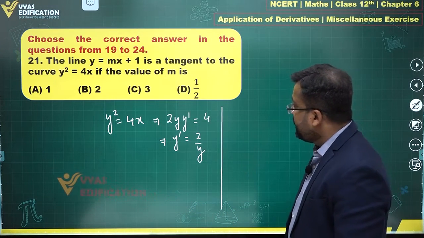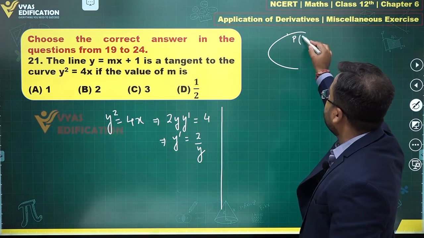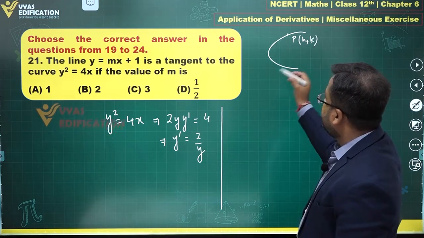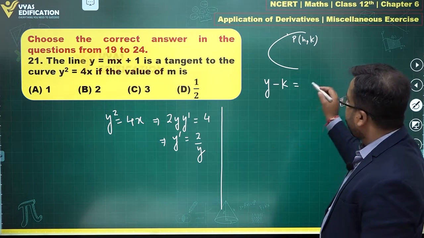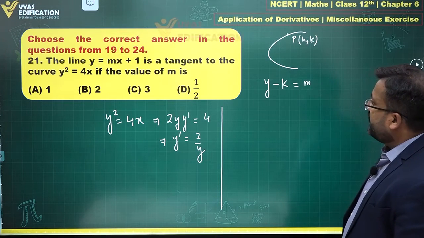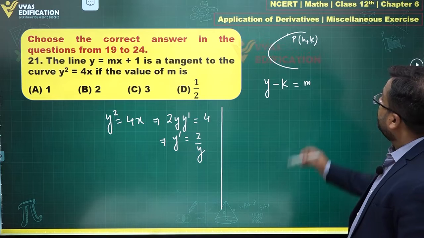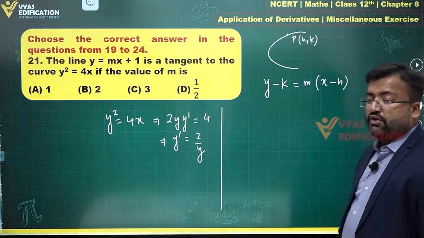Slope is this. So any point on this curve will be, let's say, P(h, k), and the tangent line will be y - k is equal to m, that is the slope, times (x - h). This is what you'll be able to write it as.